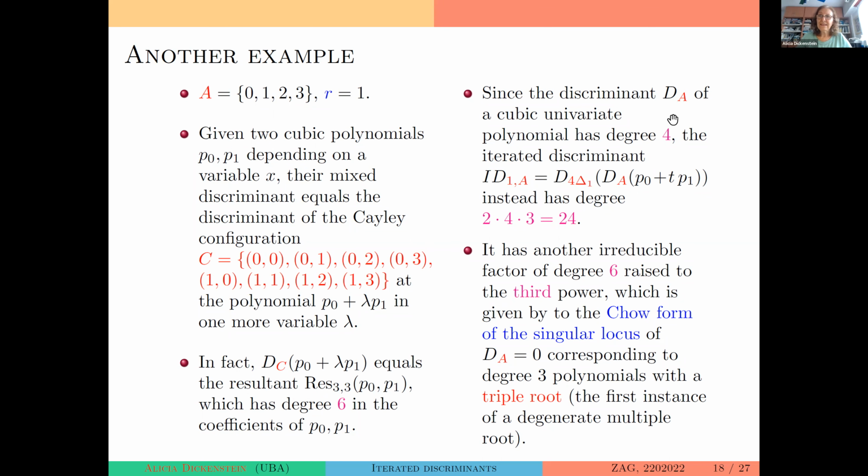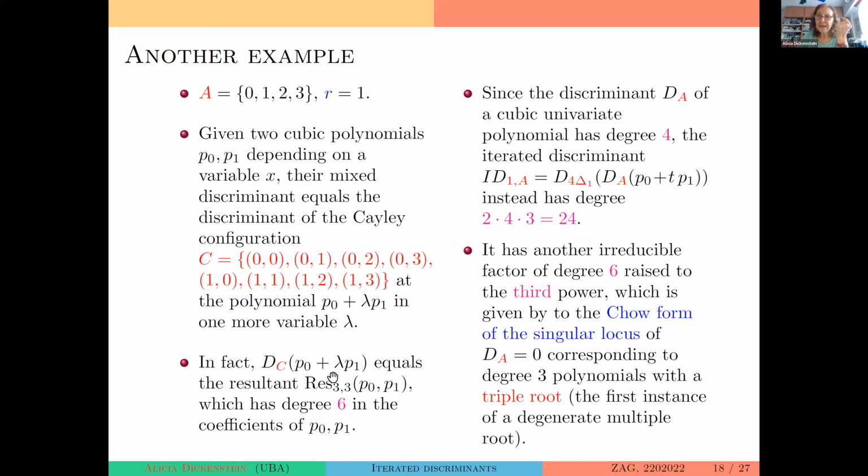So this is the mixed discriminant, which is going to have degree 6. And the iterated discriminant, if we consider dA of this, and then we take the discriminant of the degree 4 polynomial that we get, we get something of degree 24.